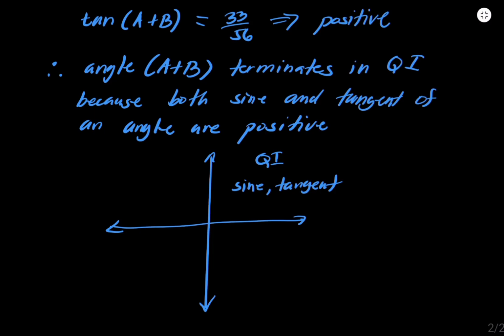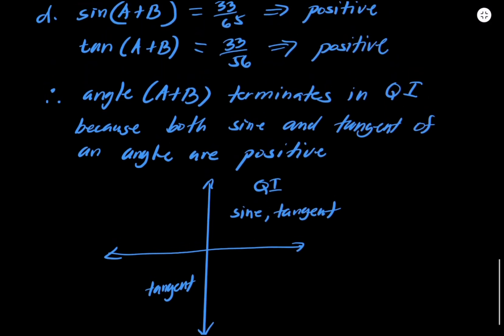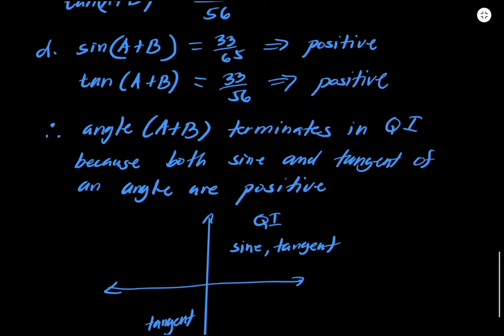So quadrant 3, tangent is also positive, but sine is not positive. So quadrant 2, sine is positive. But since sine of an angle and tangent of an angle are both positive, hence, they must terminate in quadrant 1 only.